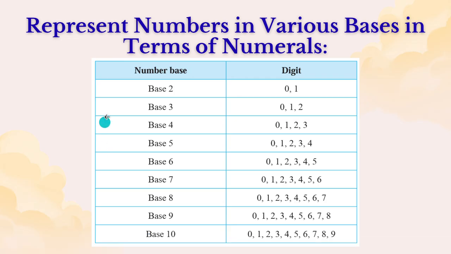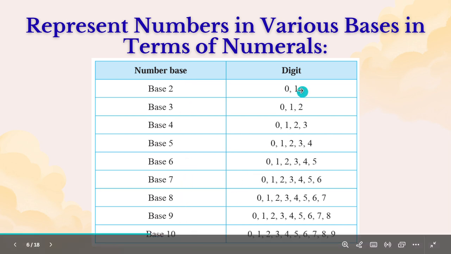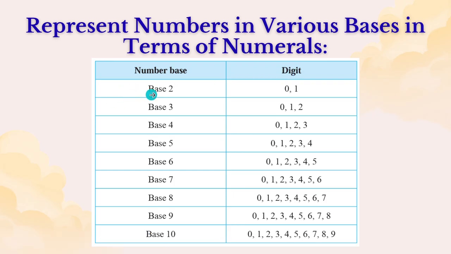Next we turn to our subtopic. We represent the numbers in various bases in terms of numerals. Numerals are a type of symbol, a group of symbols, and the symbol here is the digit. The number bases go from base 2 up to base 10. Let's say base 2 has the digits 0 and 1.